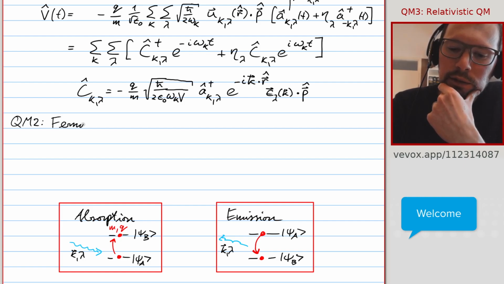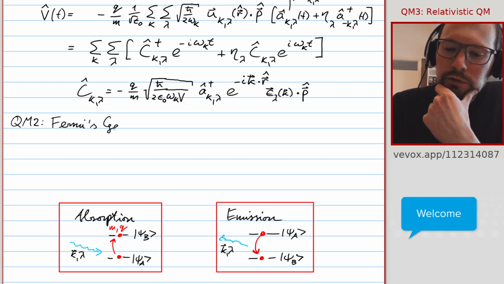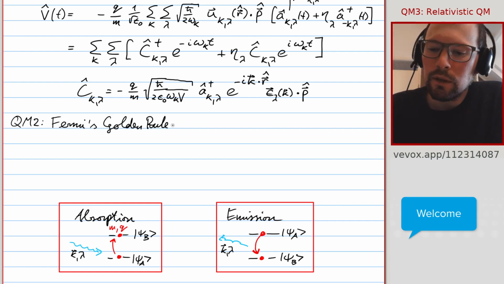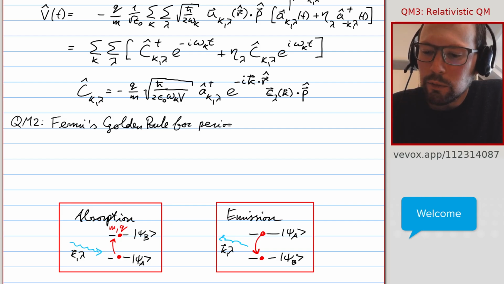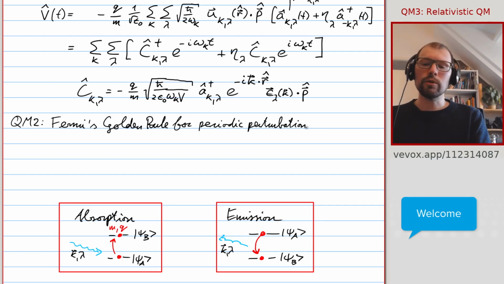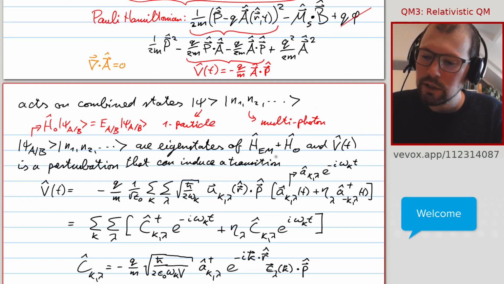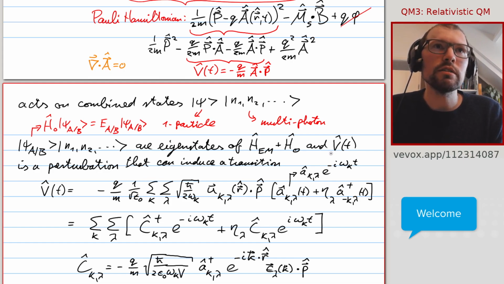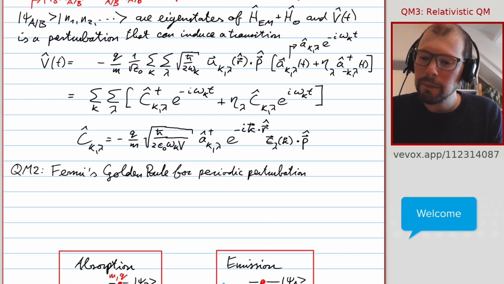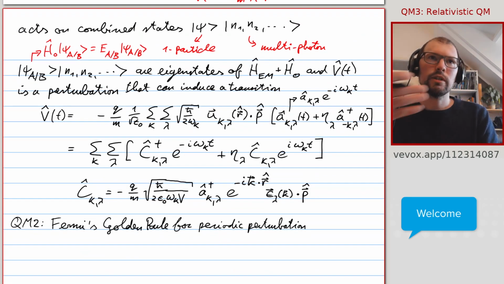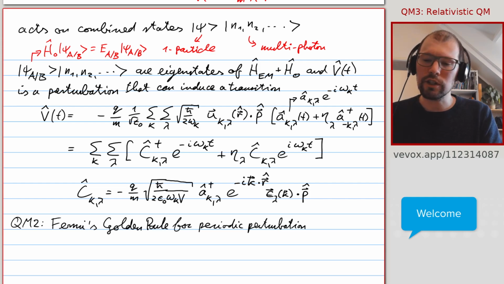And what we have is Fermi's golden rule, in the setting of periodic perturbation theory, which is just a result of taking the Schrödinger equation for this particular Hamiltonian operator, so H electromagnetic plus H0 plus a very small potential operator, and solving it in the time-dependent Schrödinger equation, starting from an energy eigenstate and ending in another energy eigenstate.